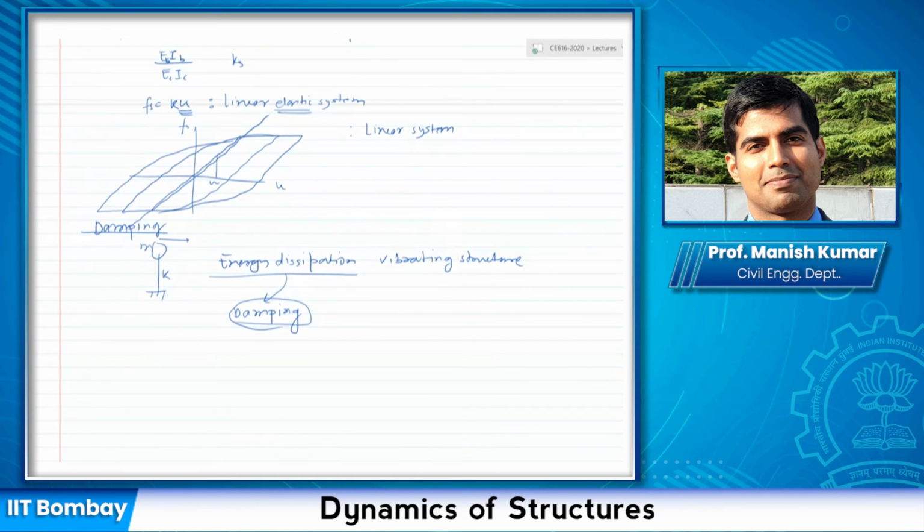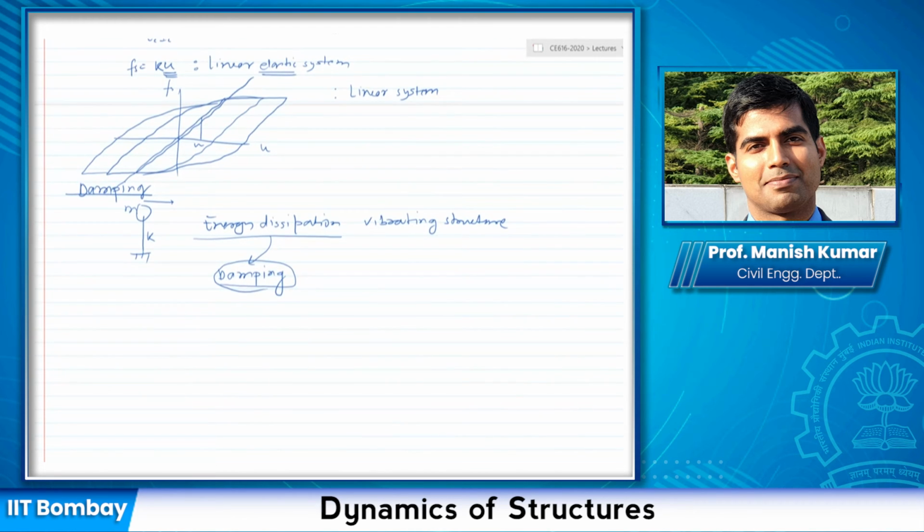Now, what could be the different sources of energy dissipation? That is important to understand. When a structure or system is vibrating, there could be different sources of energy dissipation. One could be, even if you think that you are giving it a small displacement, if you keep on displacing, at the molecular level there is friction between the molecules.